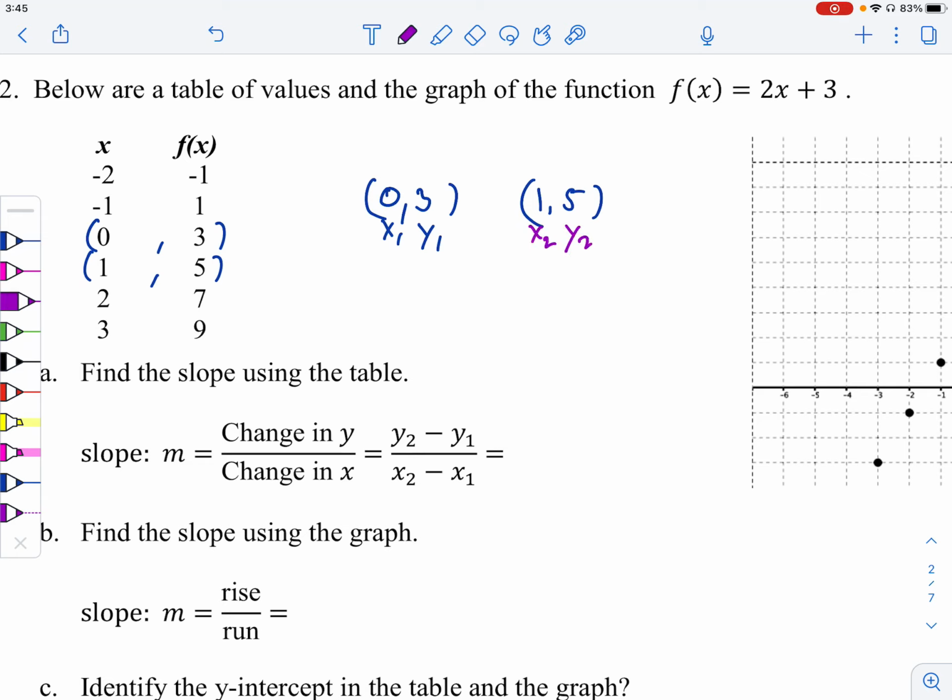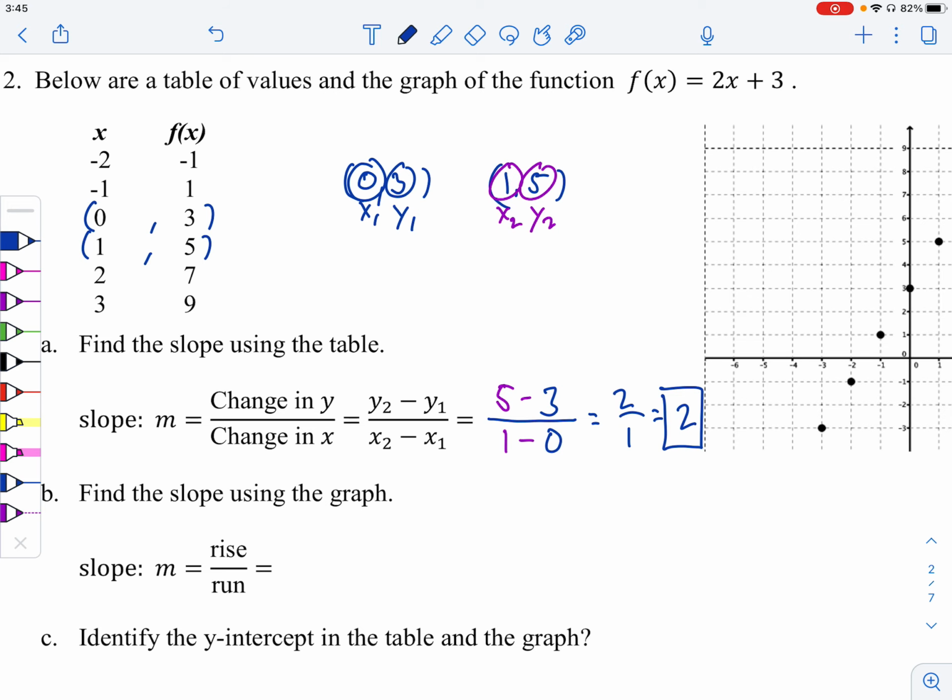Label our points. We can use our slope equation, y2 minus y1 over x2 minus x1. So y2 is 5, y1 is 3, x2 is 1, minus x1, which is 0. So we get 5 minus 3, 2, over 1 minus 0, which is 1. So our slope is 2.